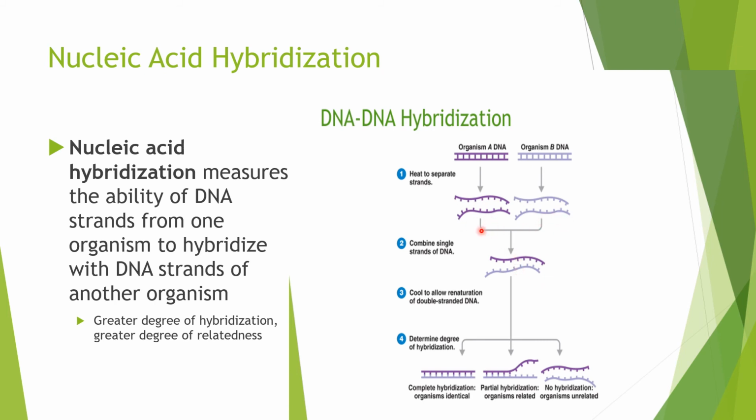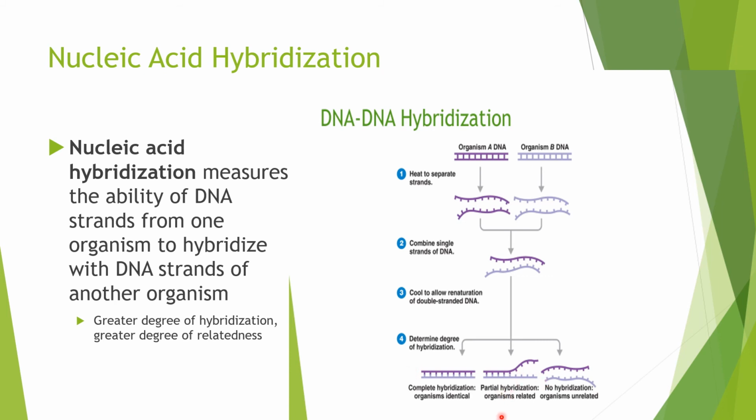So you basically mix the DNA strands of organism A with some of the DNA that has been detached from organism B. Now, if you find complete hybridization, where the complementary DNA strands were able to bind to one another completely, that would tell you that those organisms are identical.